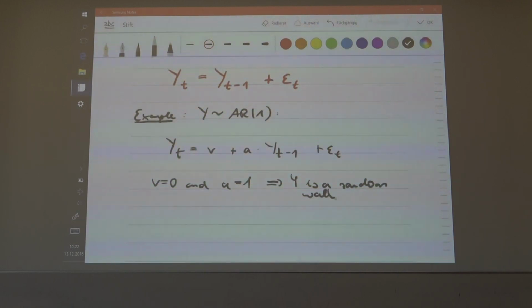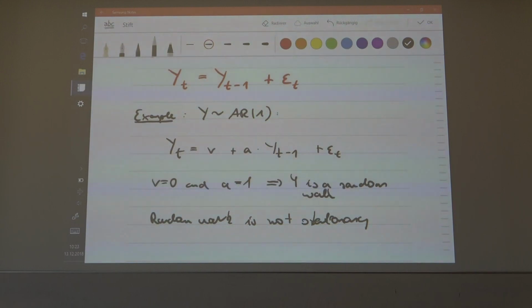The random walk is not stationary, for certain.